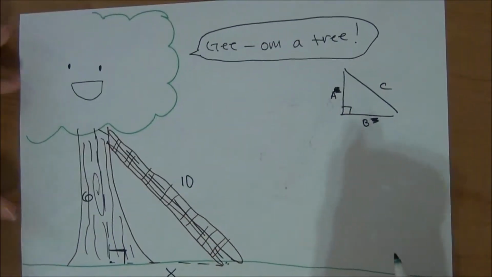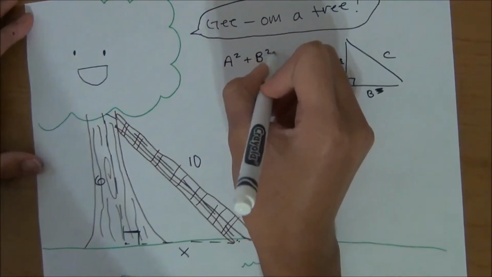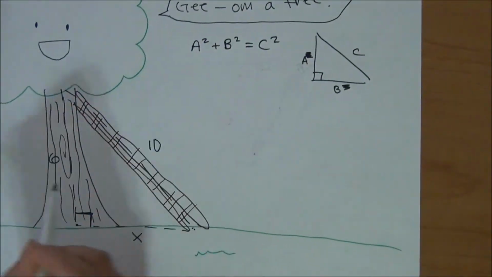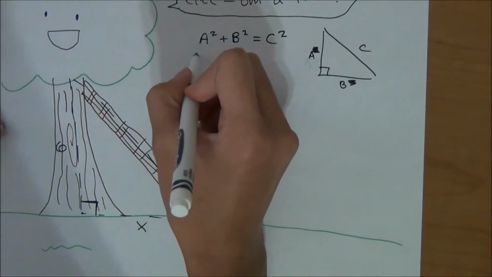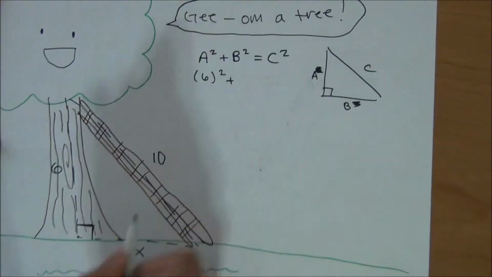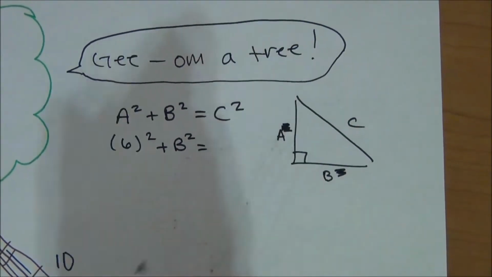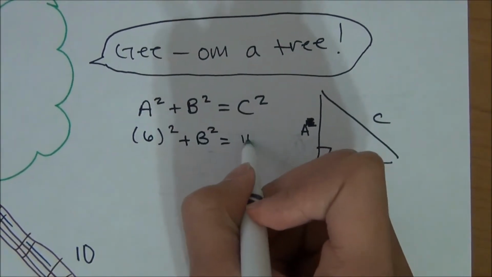To solve for this, in the same way we would use a squared plus b squared is equal to c squared. The 6 would be a, so we replace that, plus b squared, which is the x, that's what we're trying to solve for, is equal to c squared, which is 10 squared.